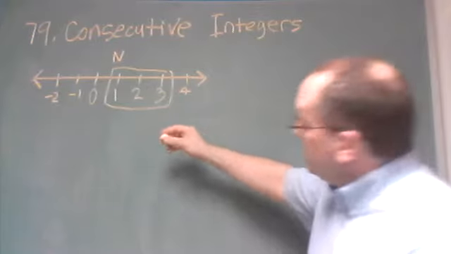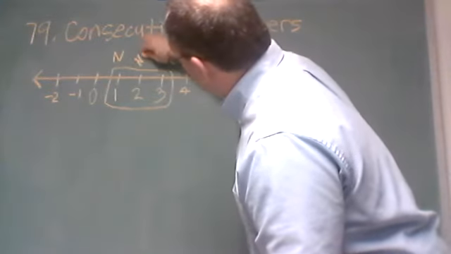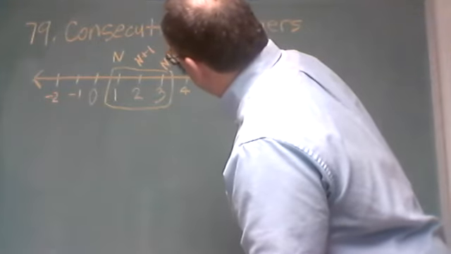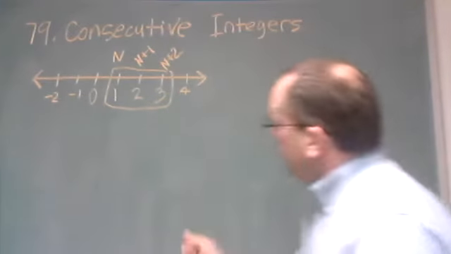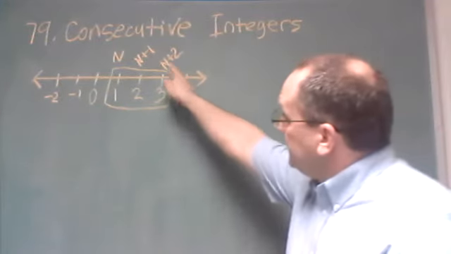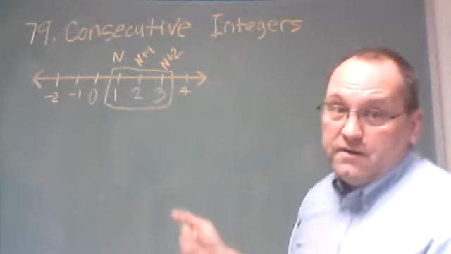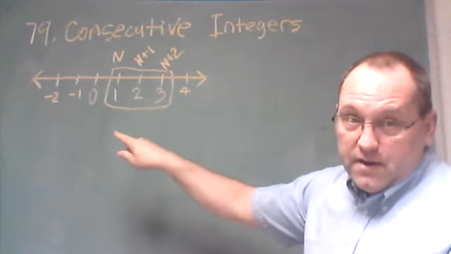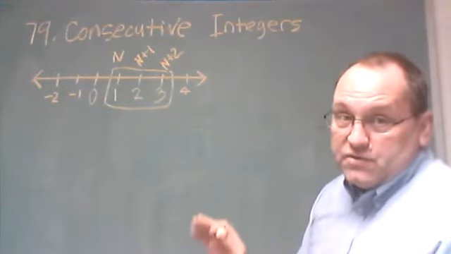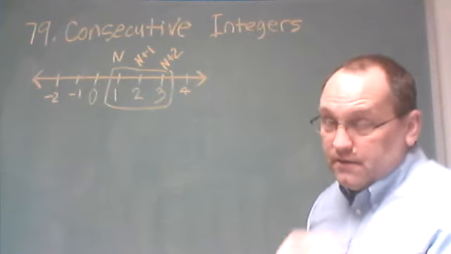The second one then will be n plus 1, and the third one will be n plus 2. So all of the 3 unknowns are expressed in terms of the first. So if we can determine what the first number is, we will be able to determine all 3 of them. So we actually only need 1 equation.